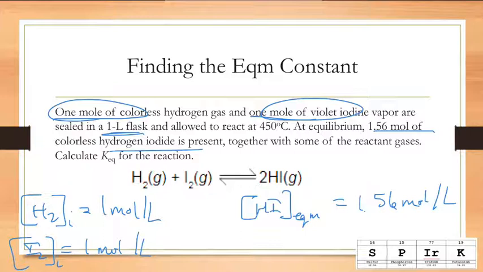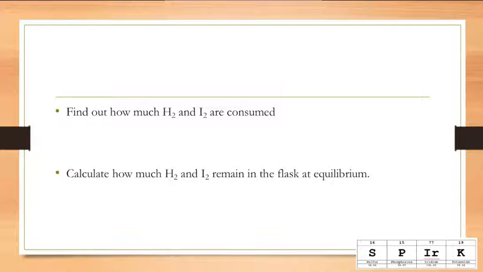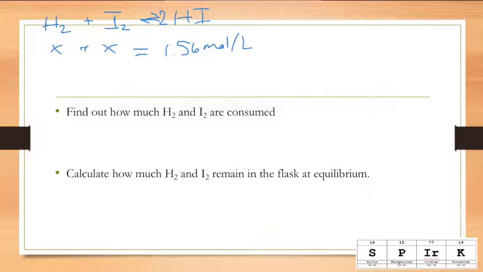And they're asking us to solve for KEQ. So what we need to do first is find out how much H2 and I2 are consumed. So remember, our equation is H2 plus I2 yields 2HI. So basically, what this means is x plus x, because these are unknown concentrations, yield 1.56 moles.